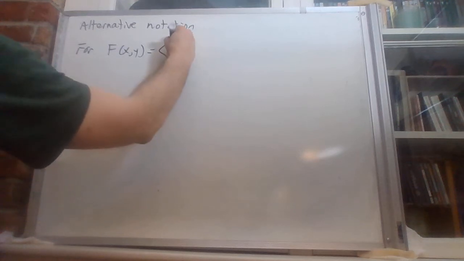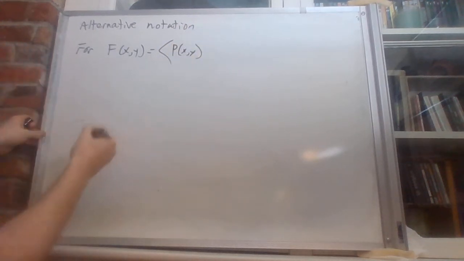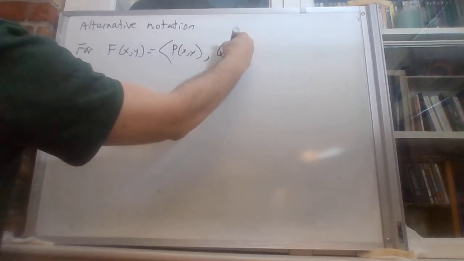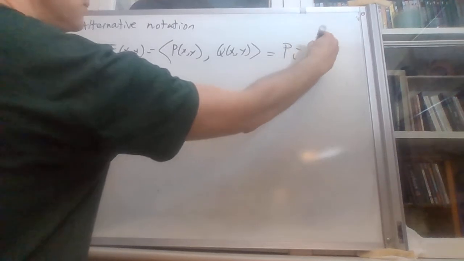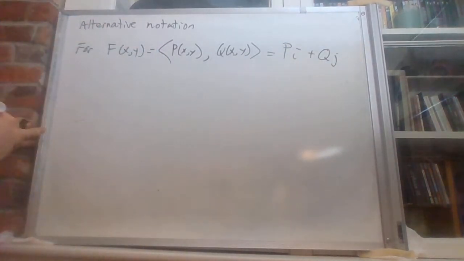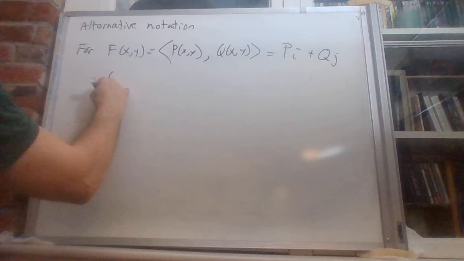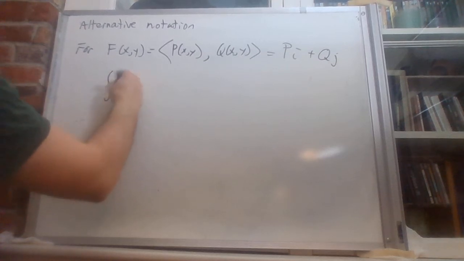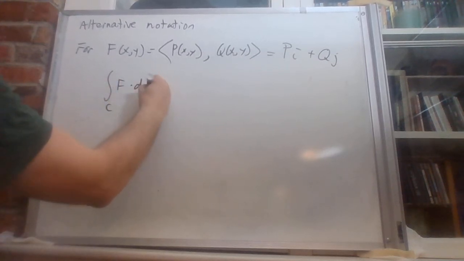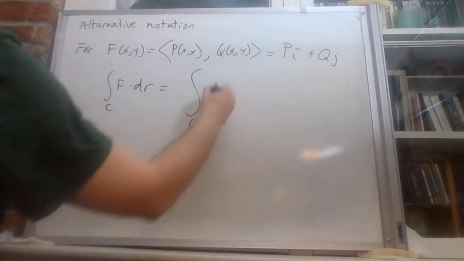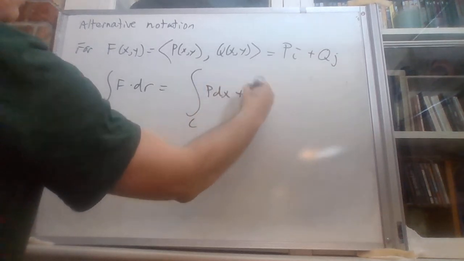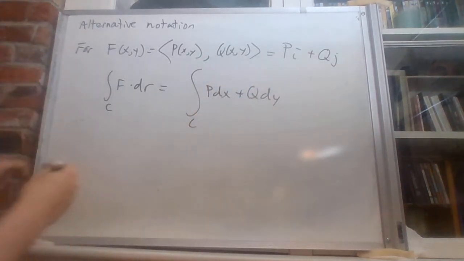So if f of x and y has this function p of x and y for its first component function and q of x and y for its second component, which could be written pi plus qj, then an alternate way to write the integral of vector field f over curve C is often written like this: the integral over C of p dx plus q dy.